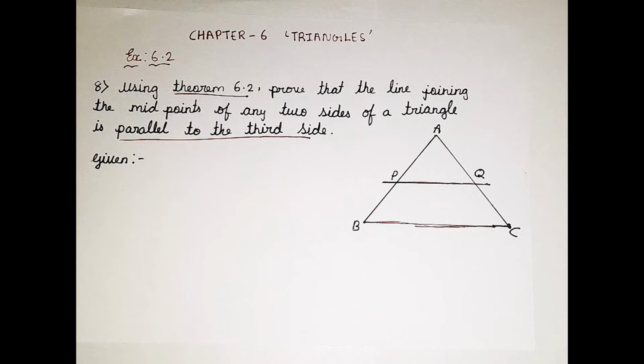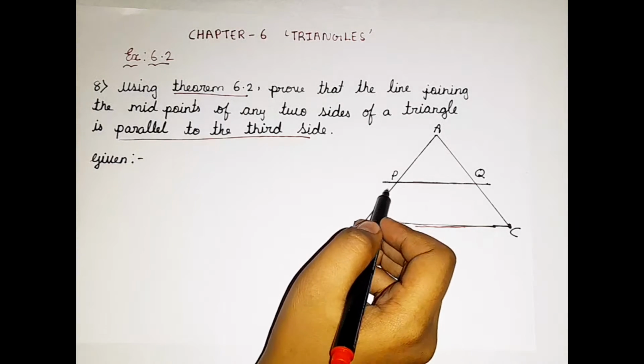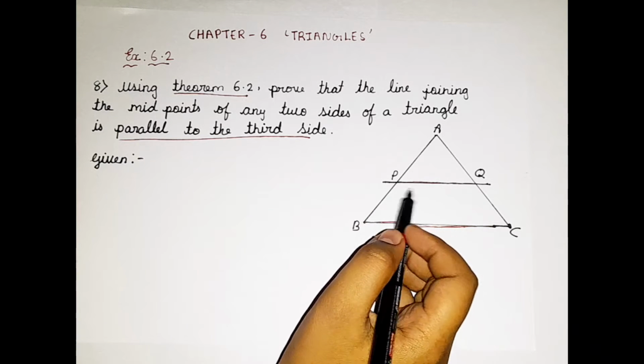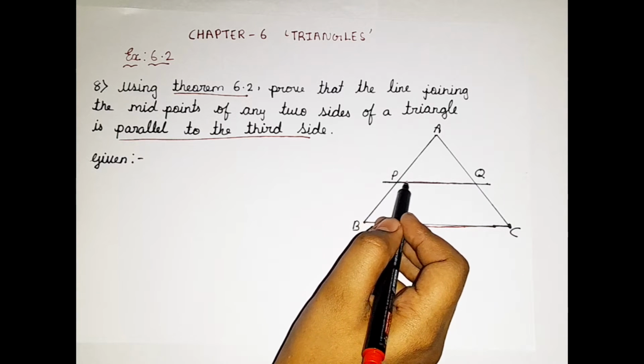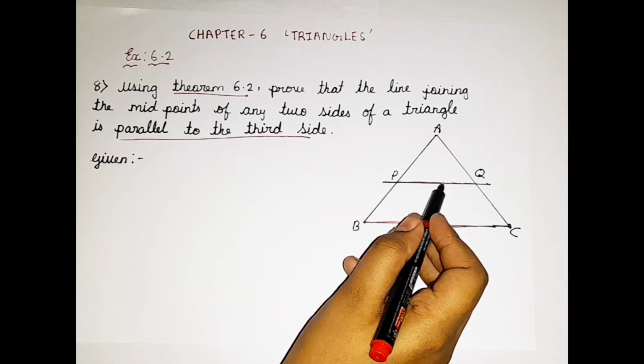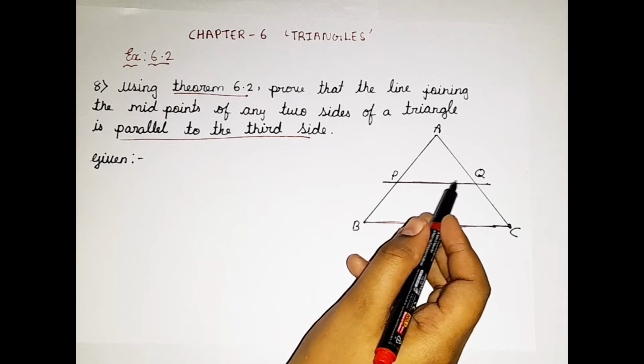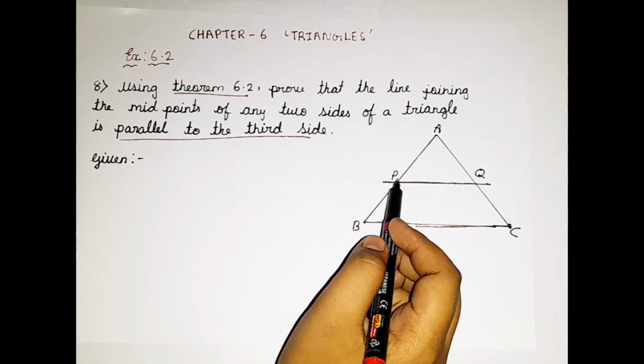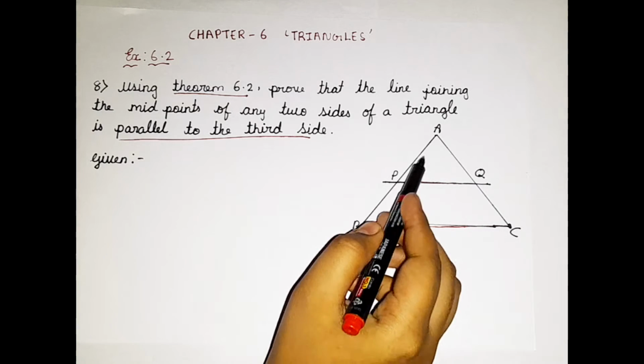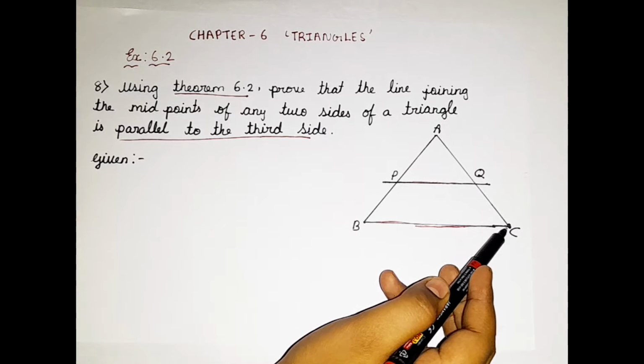Since we drew this line PQ through the midpoints of the triangle, AP is equal to PB and AQ is equal to QC.